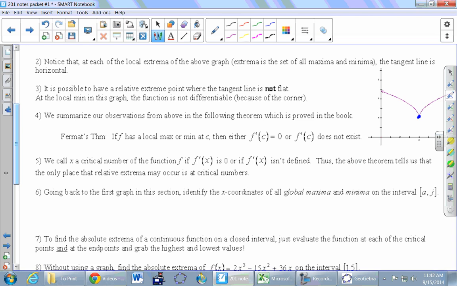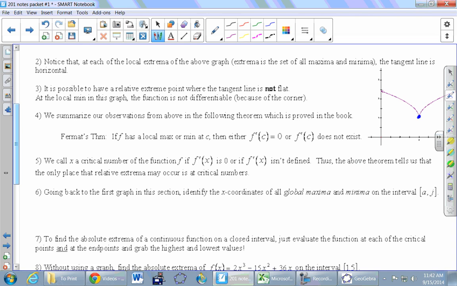Those are the 2 candidates. So number 4, Andy? We summarize our observations from above in the following theorem, which is from this book. Fermat's theorem. If f has a local max or min at c, then either f prime of c equals 0 or f prime of c does not exist. Okay, so those are our 2 candidates, either horizontal or not differentiable.